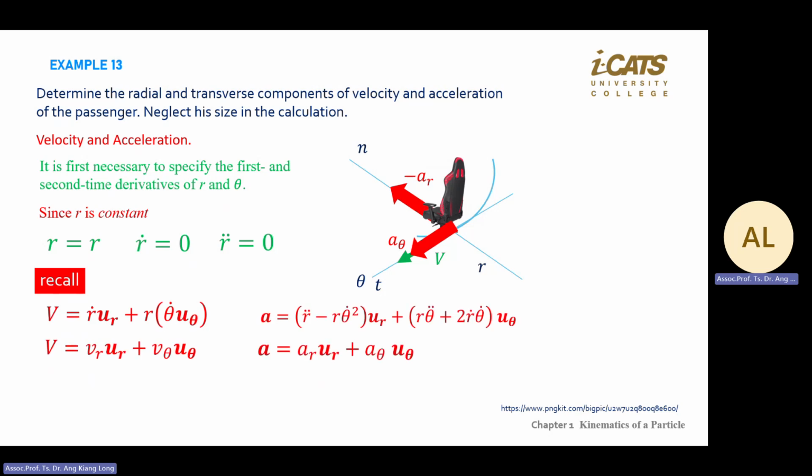Then you go back to the question. Sometimes you'll be given R, sometimes you're given theta. If you're given R, then you do differentiation. If you're not given R, you're given theta, you do theta differentiation. Theta equals the given equation, then theta dot equals the result of differentiating one time, then for theta double dot, you differentiate the previous one, you get one answer, substitute back into these 4 equations, then you get the answer.